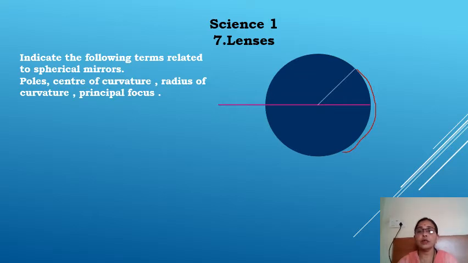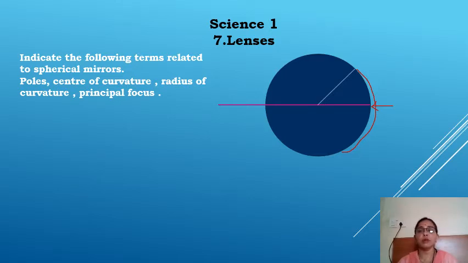Just recall, this point here is called the pole. The center of curvature is the center of that sphere, and the radius of curvature is this line, the distance from the center to any point on that mirror.